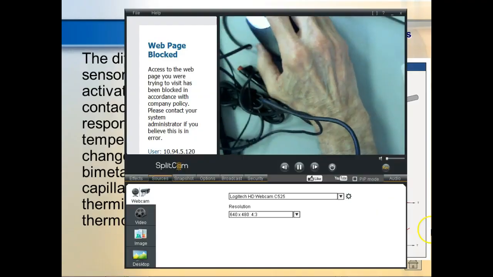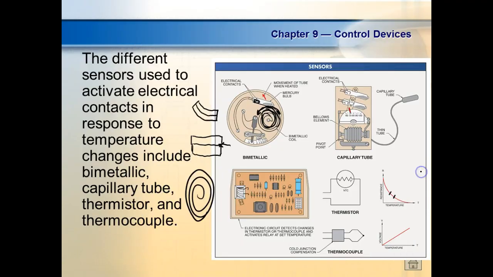So what's the problem with thermistors? So what advantages does a thermocouple have over a thermistor? It's got 2. It generates a voltage that's proportional and it's linear, right?